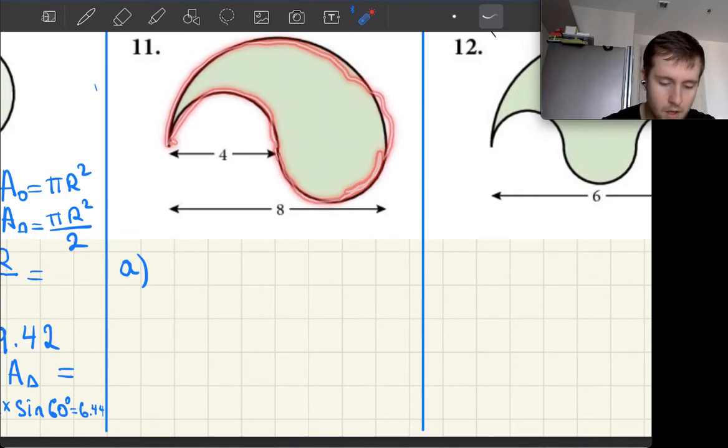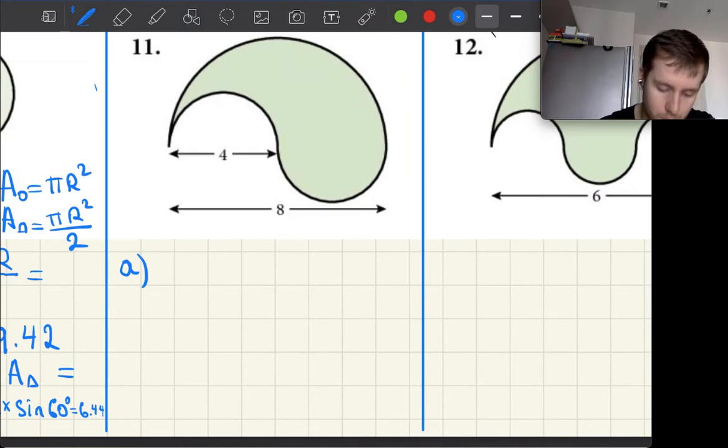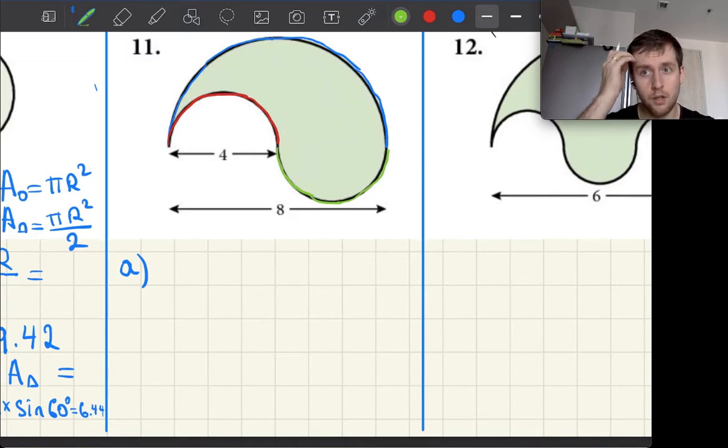So let me actually outline this. There's the first part of the perimeter, this half circumference, then another part, this half circumference, and finally the last part, this half circumference. You see the red and green part are basically the same, if you can see that.